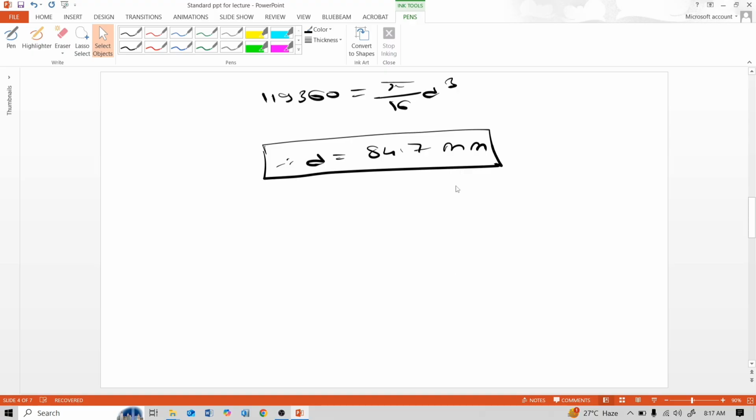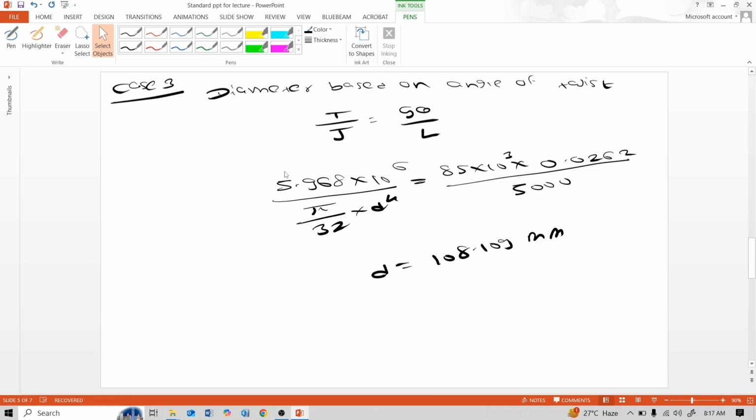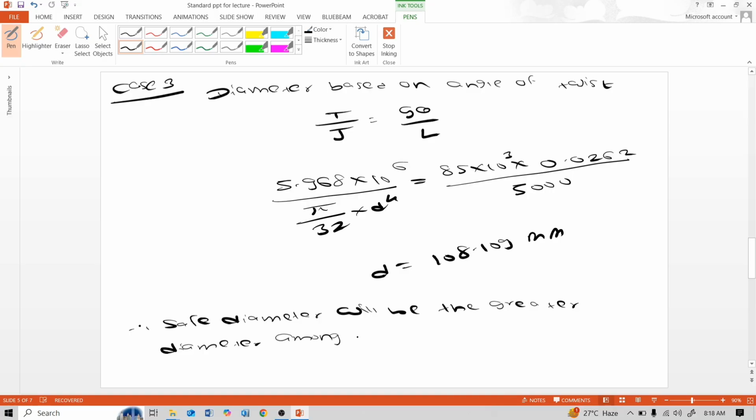So we consider the greater diameter among the above two cases, for safety purposes. So D is 108.109 mm.